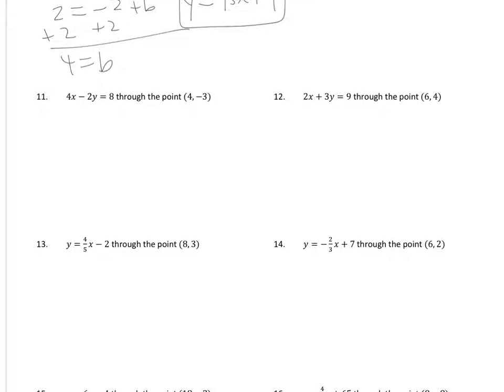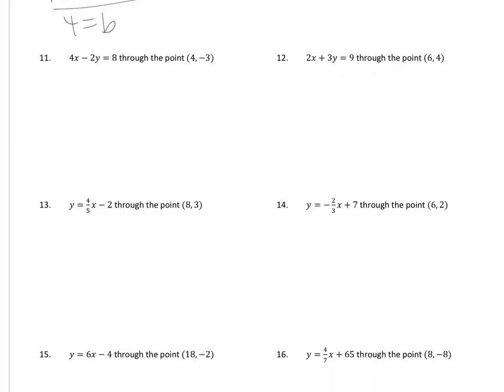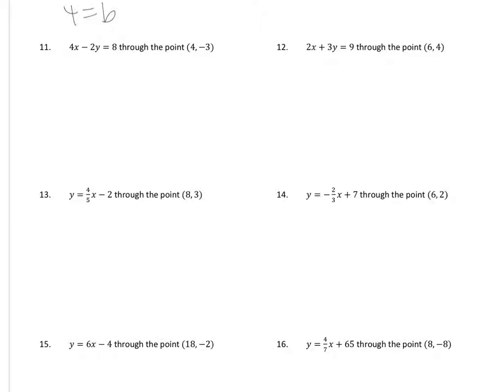Let's take a look at number 11 because number 11 gives us the equation in standard form, and we want to get to slope-intercept form. So we need to change that equation to y equals mx plus b. So let's do that by subtracting 4x from both sides. So what I get is negative 2y equals negative 4x plus 8.